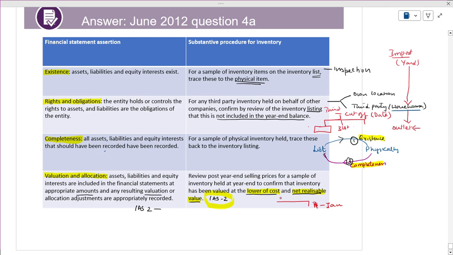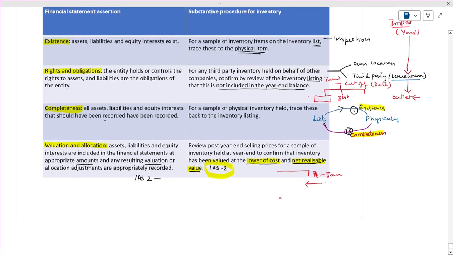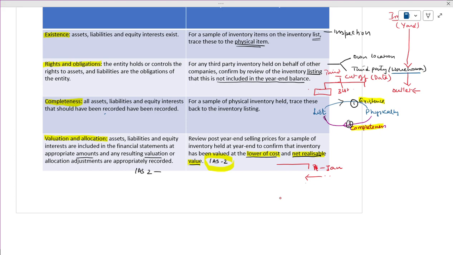We have to know whether we have taken the lower of cost or net realizable value, and we should know why we are taking this. Another important question is why we are taking this. That's the most important. You should ask me, because inventory is the closing inventory.